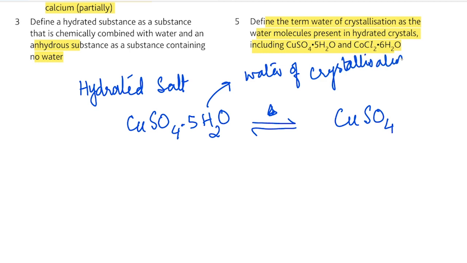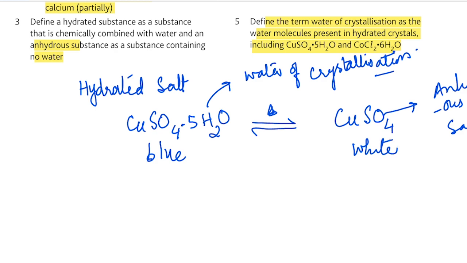This is the water of crystallization which is present in hydrated copper sulfate. The color of hydrated copper sulfate is blue, whereas the anhydrous salt is in powdered form and it's white in color.